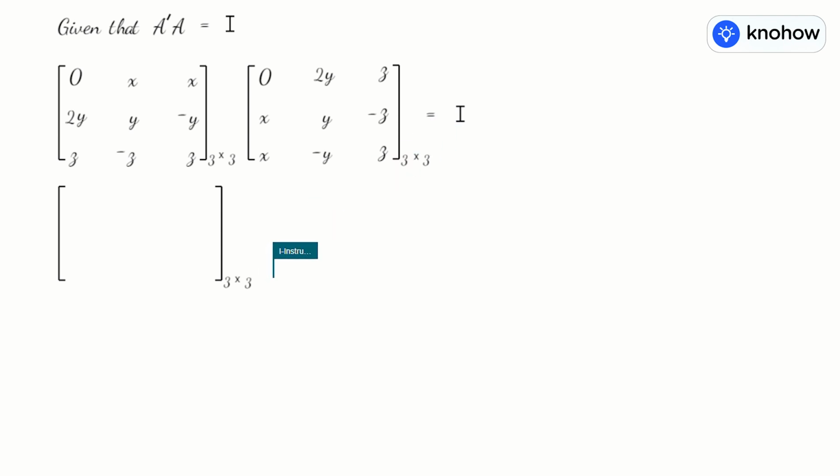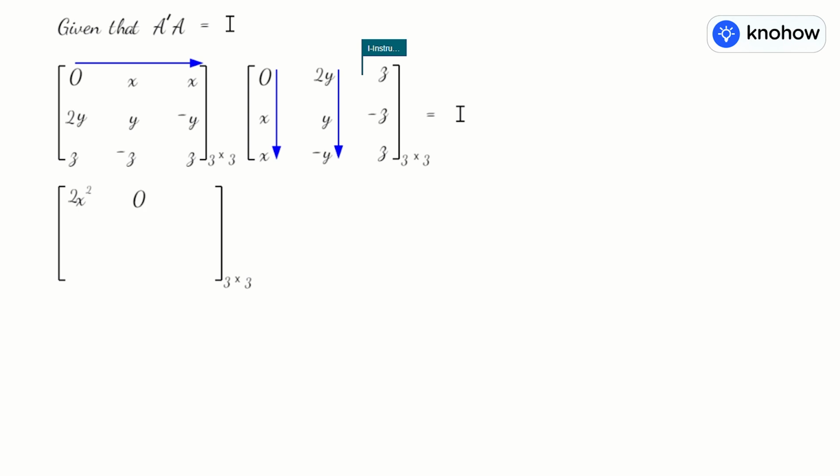That is the elements of first row to be multiplied with the elements of first column respectively. That will make it A11. So multiplying you get 0 plus x square plus x square. Shall I directly write 2x square? Continue the same process, multiplying with the first row to the elements of second column. You get 0, xy and minus xy. Please check, you will get 0.